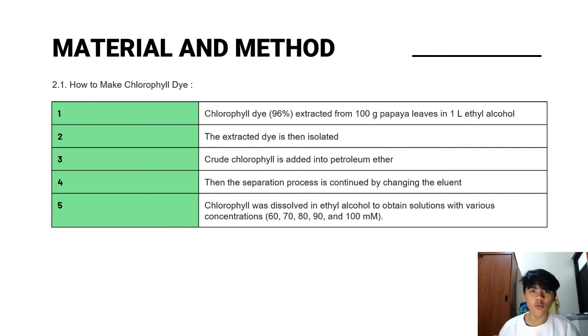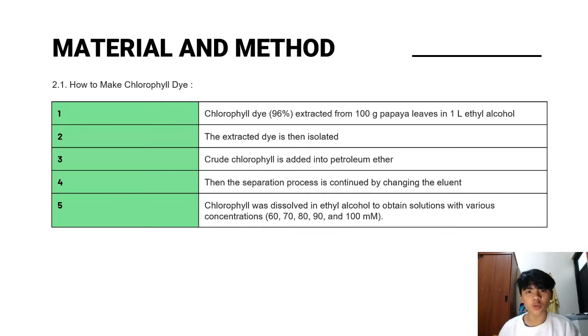Step 2. The extracted dye was then isolated from the ethanol solution by rotary evaporation and we obtained 8.5 gram of crude chlorophyll. Step 3. Crude chlorophyll was added into petroleum ether until a yellow color appeared on column chromatography. Step 4.